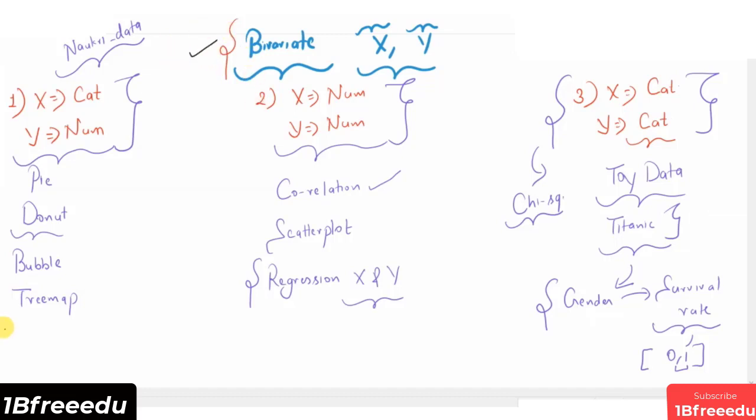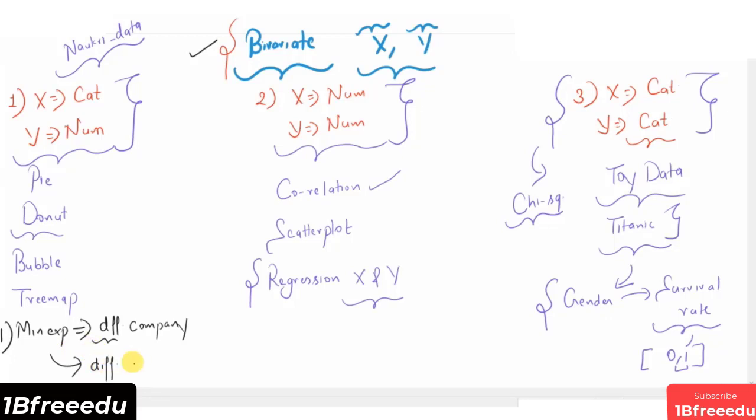So the problem statement that you may encounter in the real world with respect to bivariate analysis is, let's say, hey, can you return what is the minimum experience for different companies, or the minimum experience with respect to different industries?